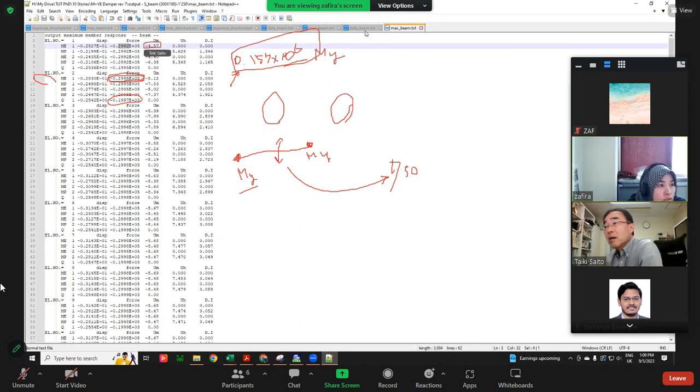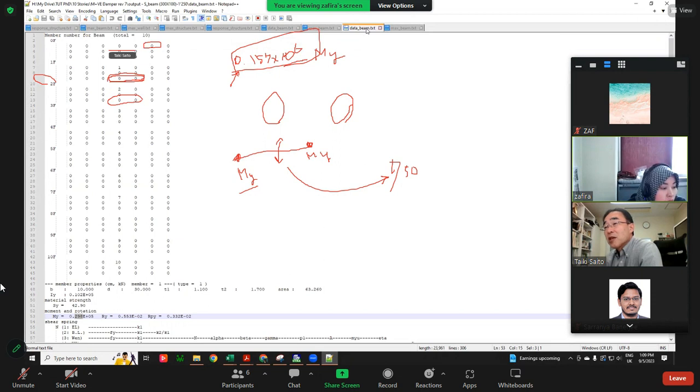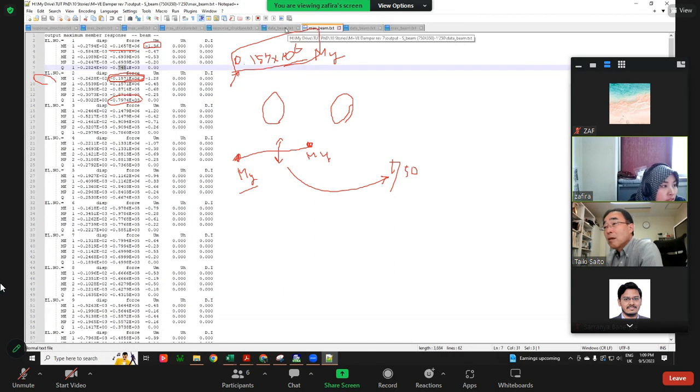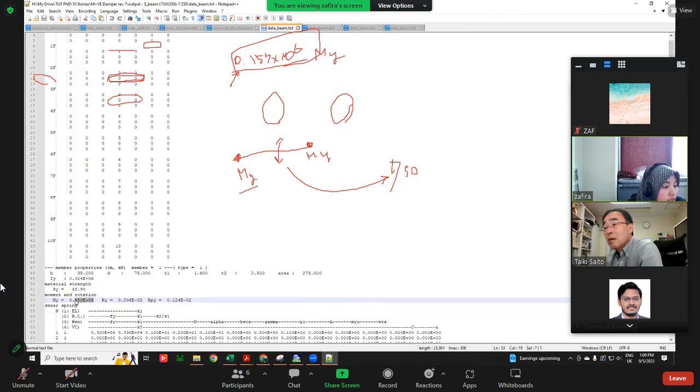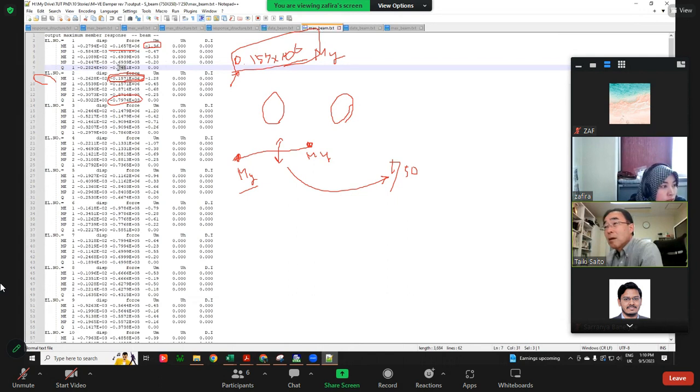This is for the smaller beam, and it's consistent. But for the bigger beam, 700 times 350, it's a bit different. This is the maximum, and this we get from the 1/250 pushover.